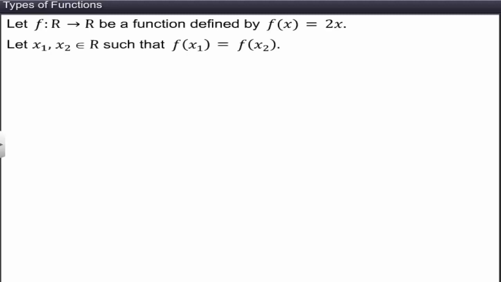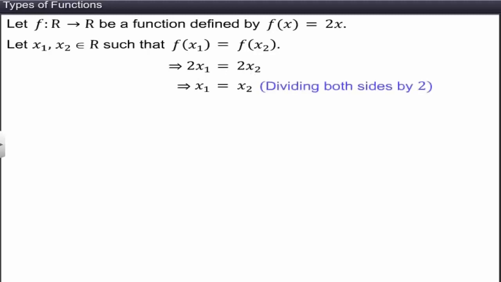Let x1 and x2 be any 2 arbitrary elements from domain R of function f, such that f(x1) = f(x2). Now, f(x) = 2x, so f(x1) = f(x2) implies that 2x1 = 2x2. This gives x1 = x2.